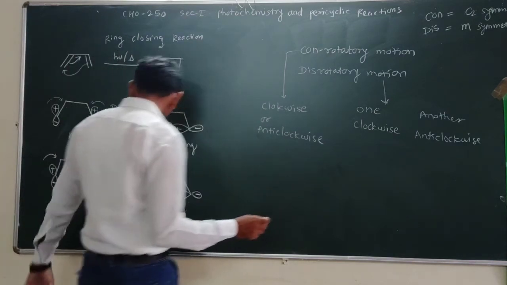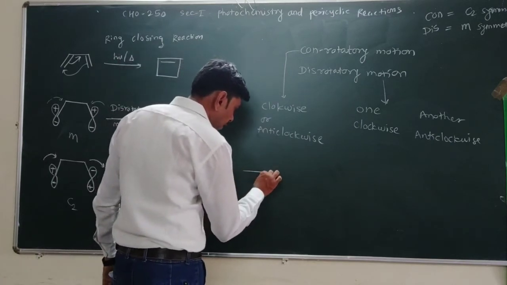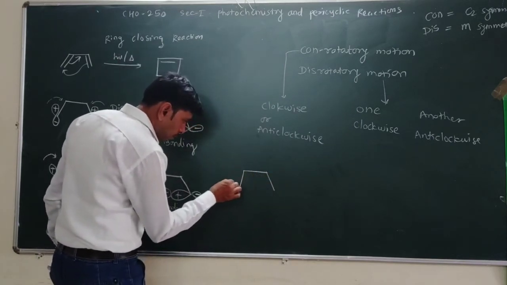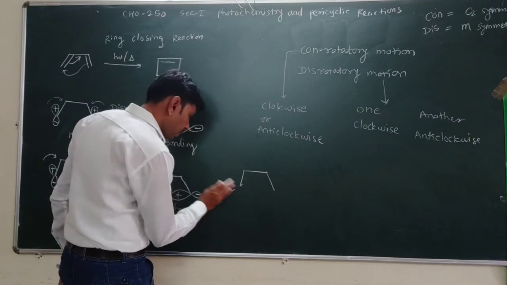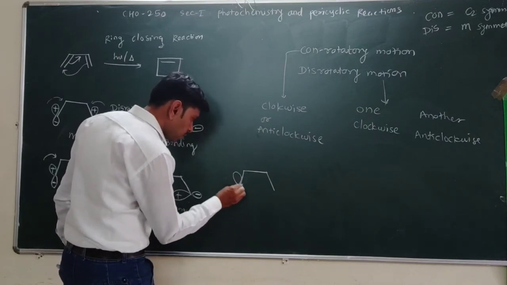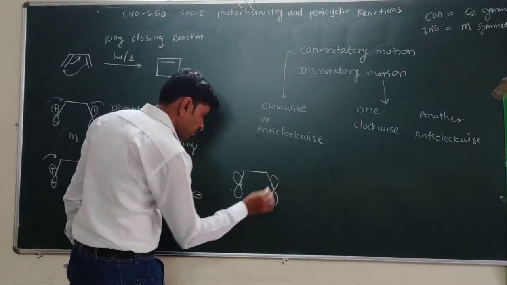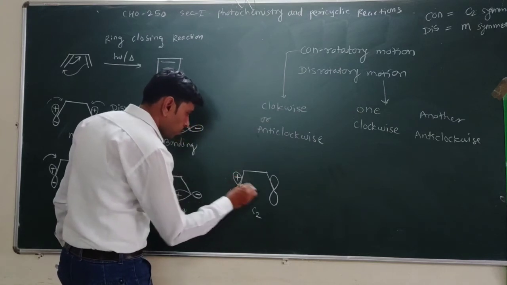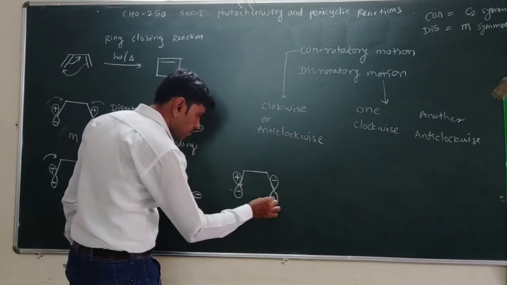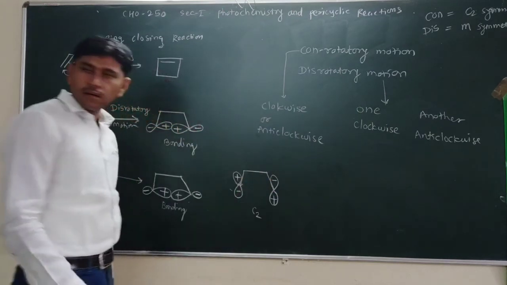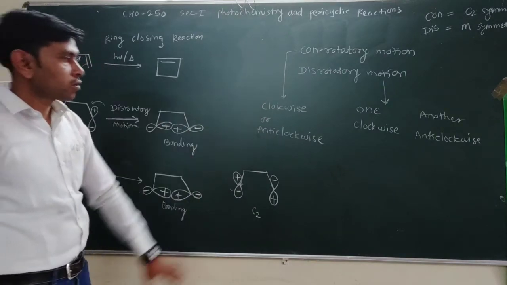See another way. Here we rotated clockwise. Let's rotate anti-clockwise. This is the initial C2 symmetry, which is always associated with con-rotatory motion.